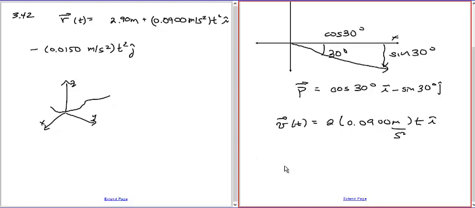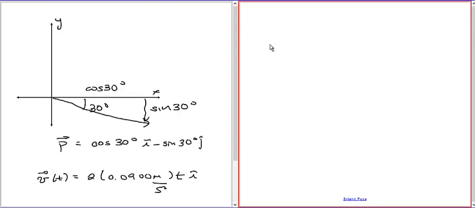And then you have negative 2 times 0.0150 meters per second squared times t j. Okay, so let's multiply it out.